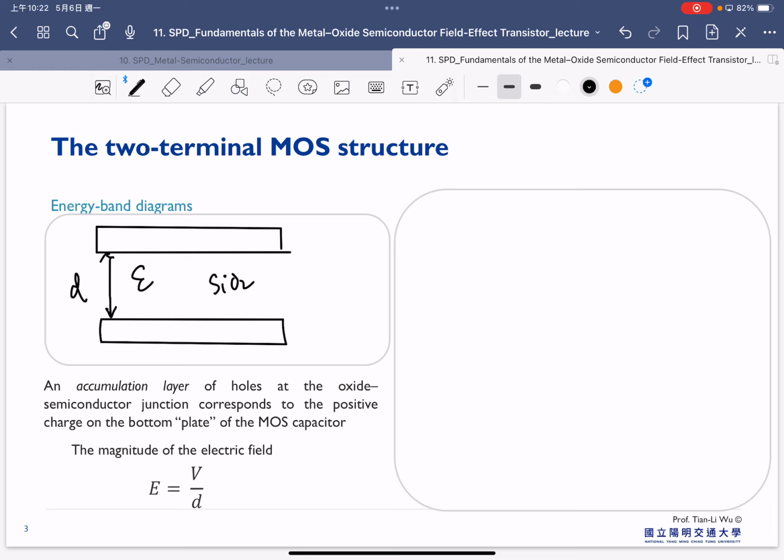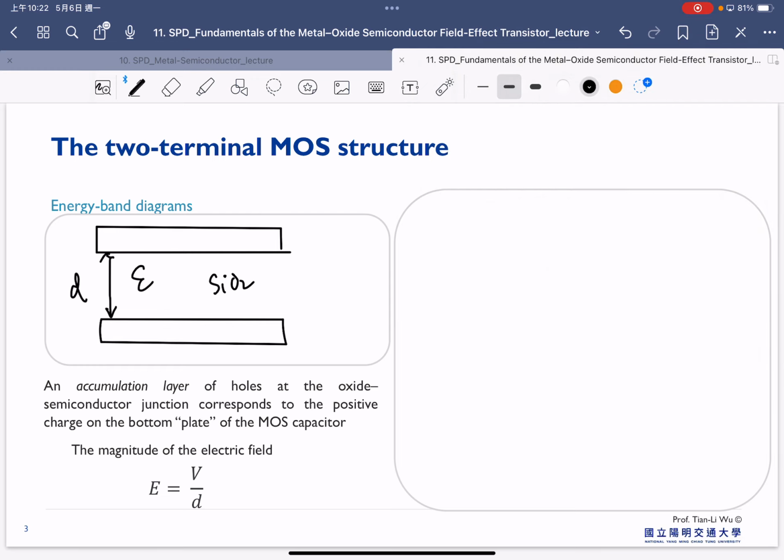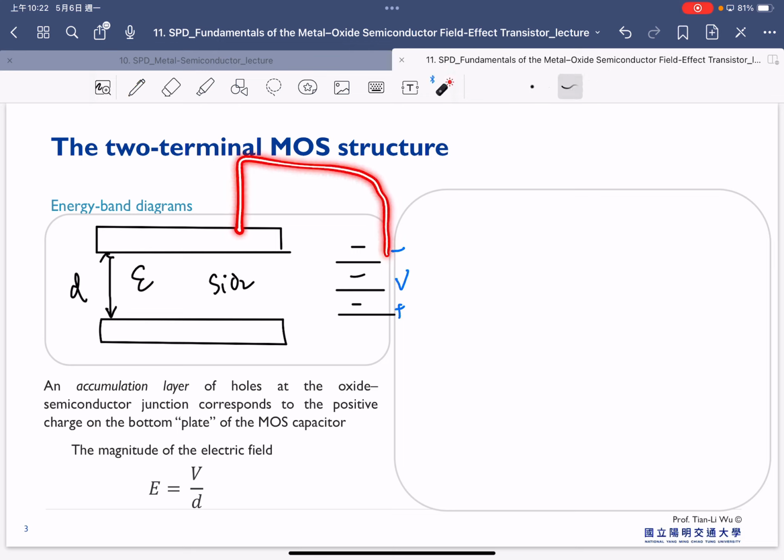The first case we discuss is where we apply the negative bias on top.